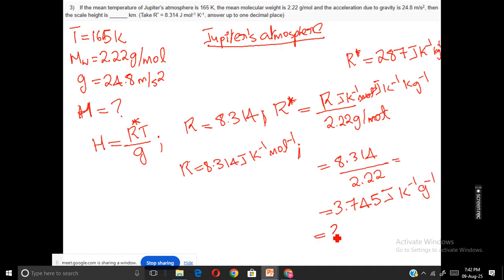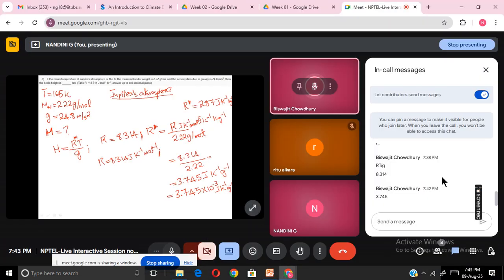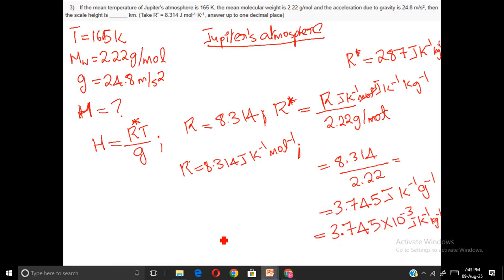If we want it in kilogram inverse, we will have to multiply it by 10 raised to 3. So it will be 3.745 into 10 raised to 3 joule Kelvin inverse kilogram inverse.